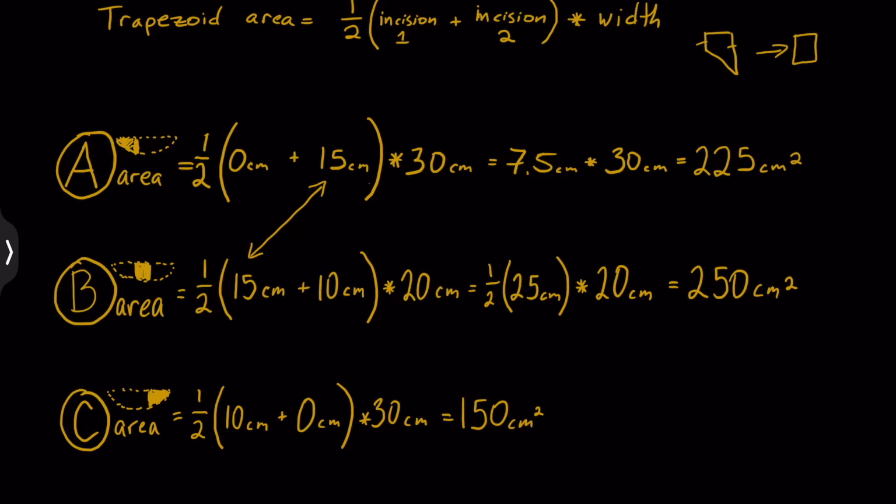Okay, so if you're not sure where these numbers are coming from, that's precisely it. So 15 centimeters plus 10 centimeters divided by 2 times that width of 20 centimeters gives us a total area for polygon B, the middle of the trail, of about 250 square centimeters.